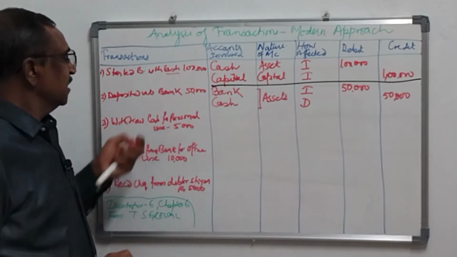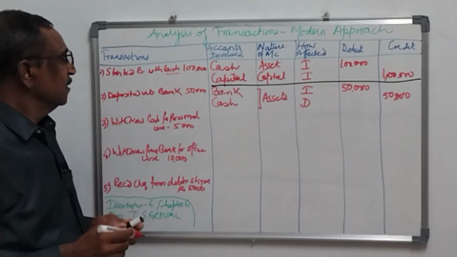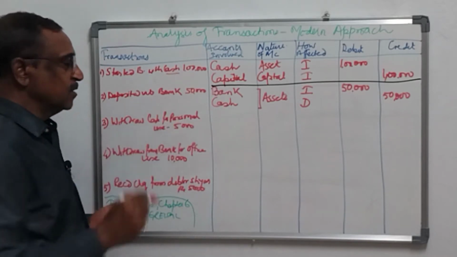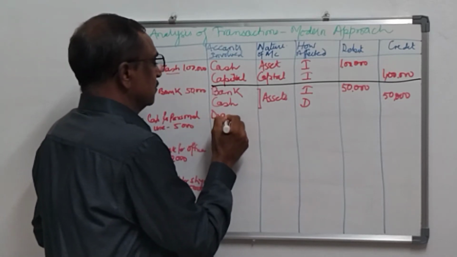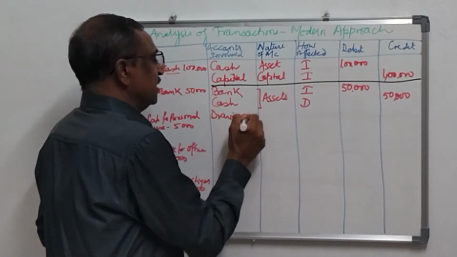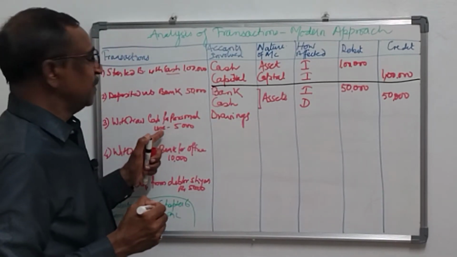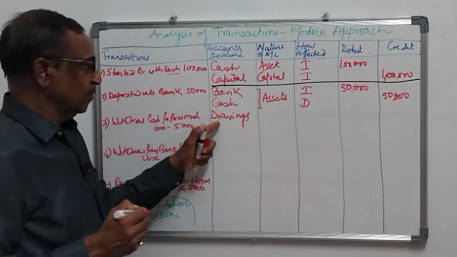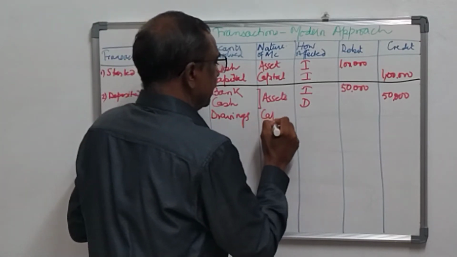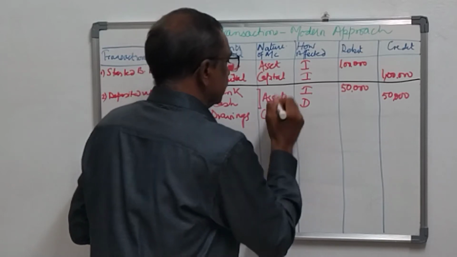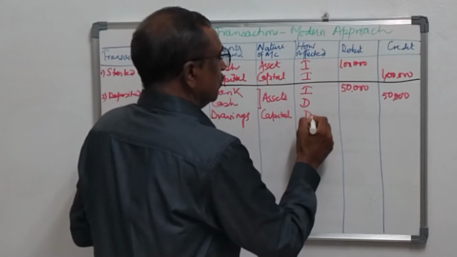Withdrew cash for personal use. Whenever you see the words personal use, simply write drawings. Since cash is being withdrawn for personal use, we will write drawings, and drawings comes under capital, and capital is decreased due to drawings.